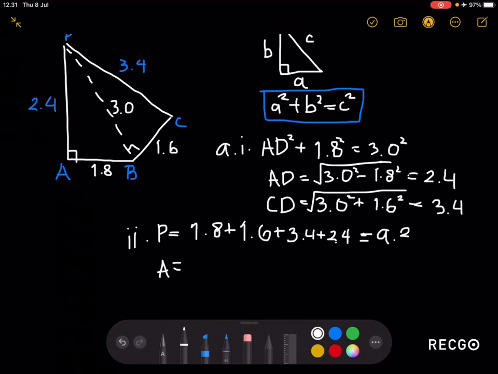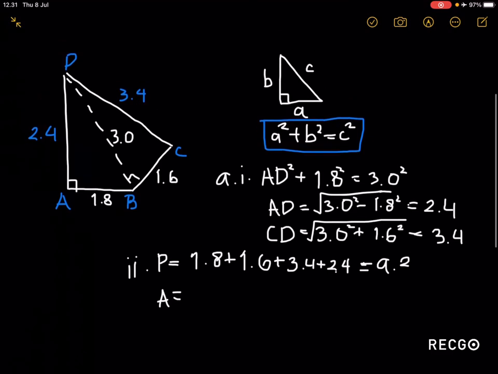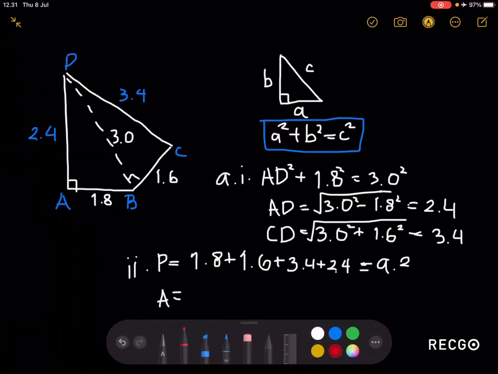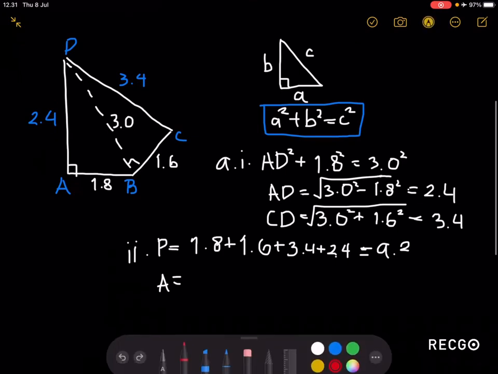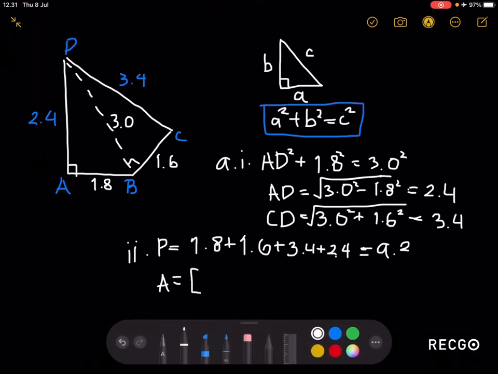Now for the area, notice that this quadrilateral is actually made from two right angle triangles, ABD and BCD. So the area simplifies to calculating the sum of the areas of triangle ABD and triangle BCD.